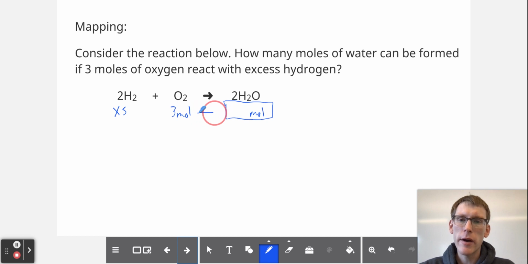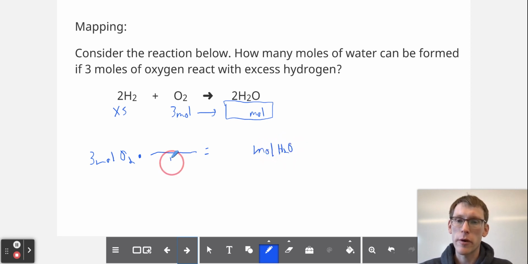So I just need to figure out how I get from moles of O2 to moles of H2O. And we'll set up dimensional analysis. We'll say I've got 3 moles of O2. I'm going to multiply this by a conversion factor, and note I've got 1 arrow here, so we're going to do this in 1 step. We're trying to get to moles of H2O, and all we need now is a conversion factor that will make this work.